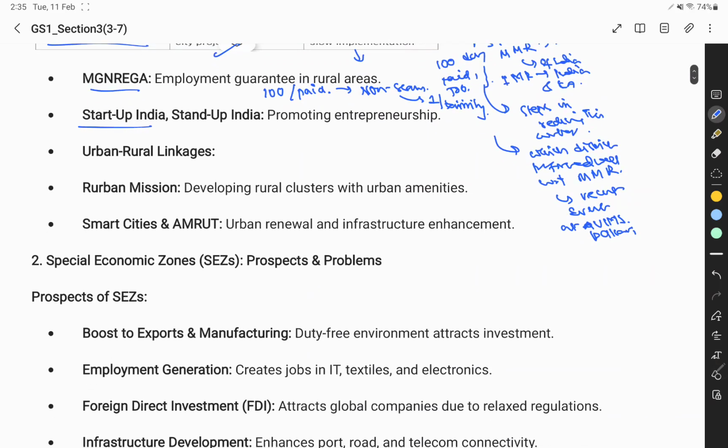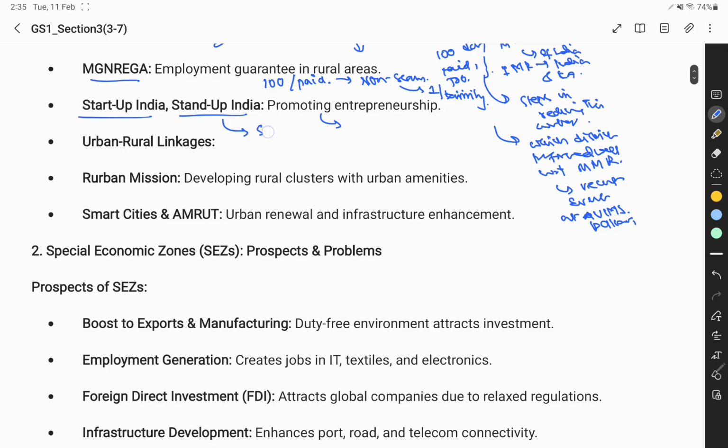Then Startup India is for promoting entrepreneurship. Stand Up India is for self-employment, especially for backward and marginalized sections of society.